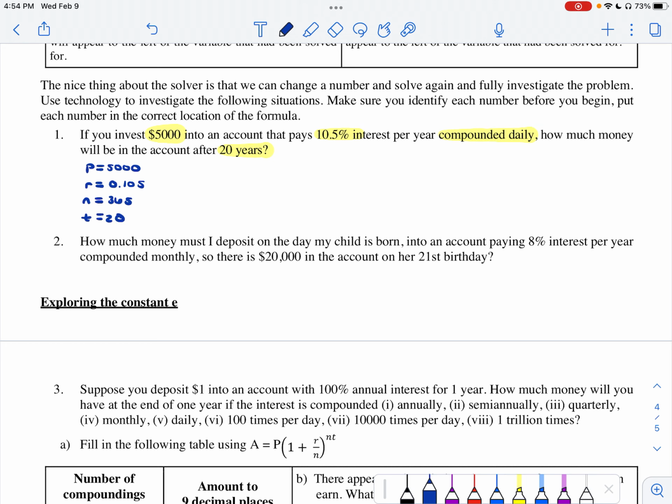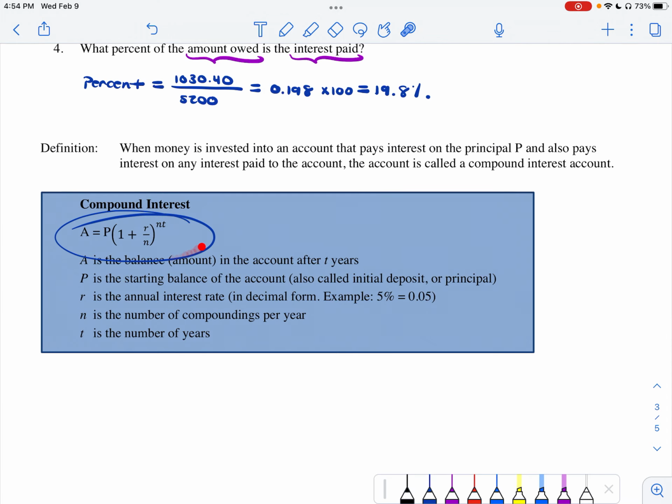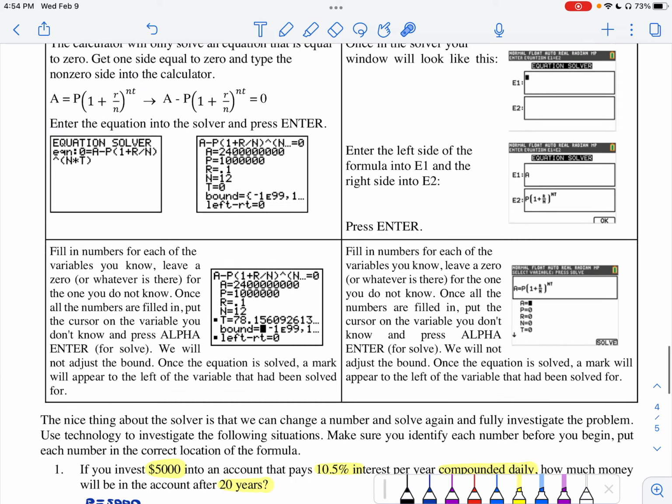Okay. All right. So our formula is A is equal to, again, we're just using this formula right here, just plugging in the pieces that we were given.